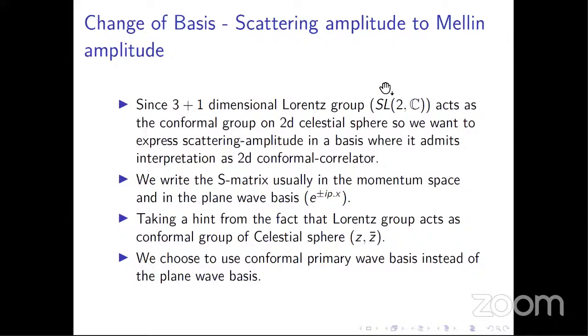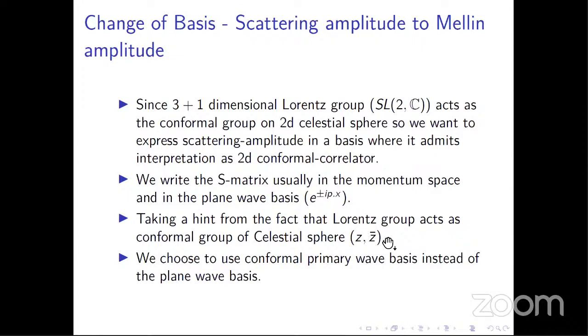So we saw that the Lorentz group acts as the conformal group on 2D celestial sphere. So we want to express the scattering amplitude in a basis where it admits some interpretation as a 2D conformal correlator. So we write the S matrix usually in the momentum space and in the plane wave basis.